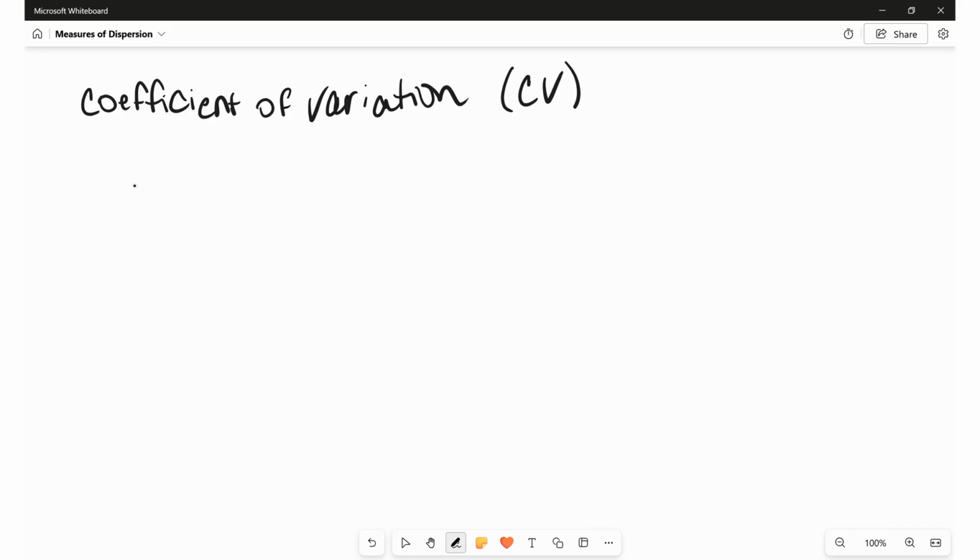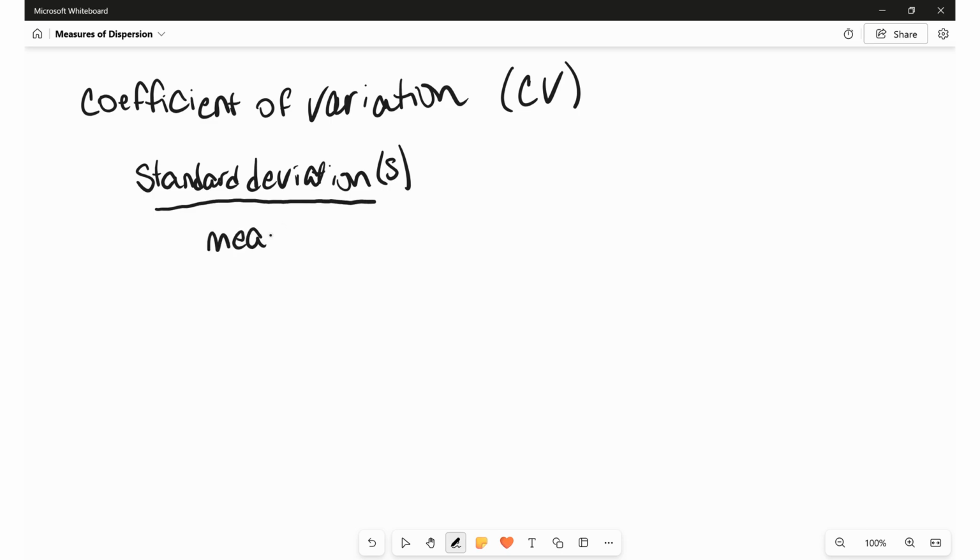And to calculate the CV, we take the standard deviation, sometimes represented with S, and divide this by the mean, or X bar, and then multiply that by 100. Okay?